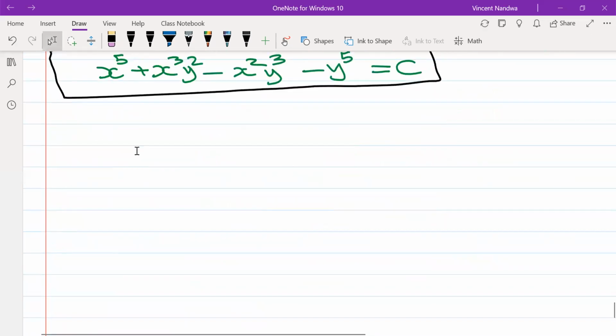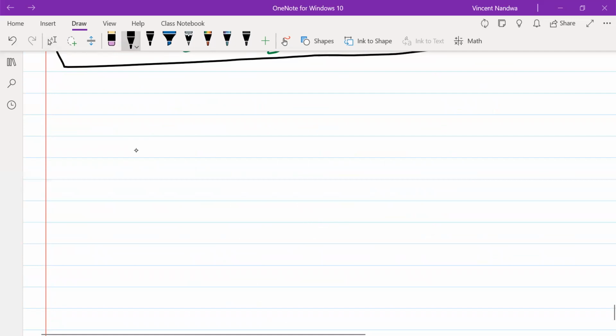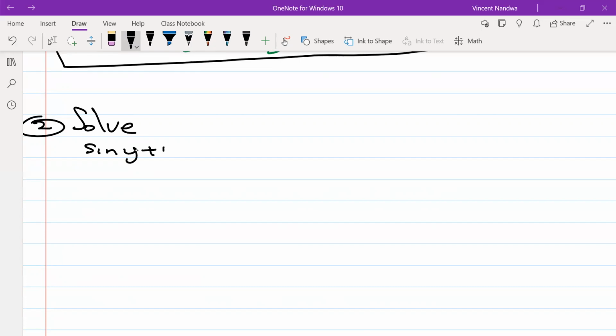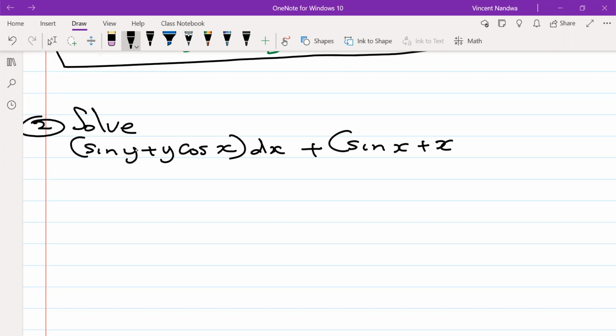Let's give another example. Number 2, solve sine of y plus y cosine of x dx plus sine of x plus x cosine of y dy equals to 0.